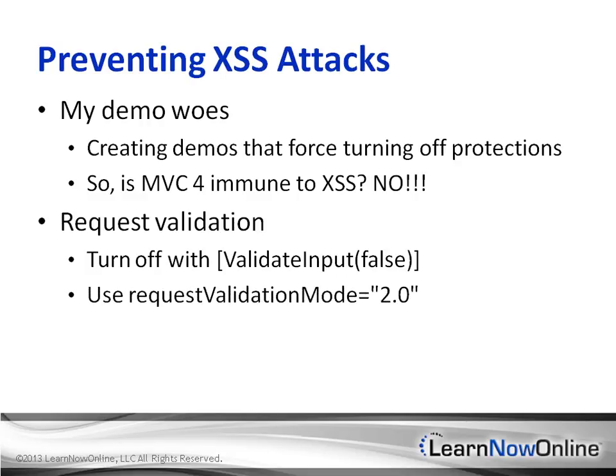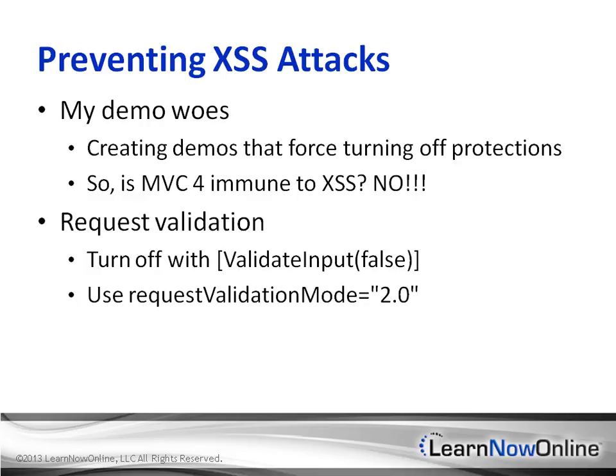But, yes, I'm afraid there's a but. Adding validate input false isn't enough. MVC4 prevents this from having any effect unless you set for your entire application a setting in web.config that reverts to MVC 2.0 request validation, which is nowhere near as robust as what you get in MVC4.